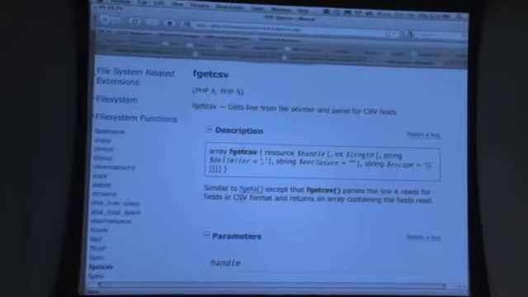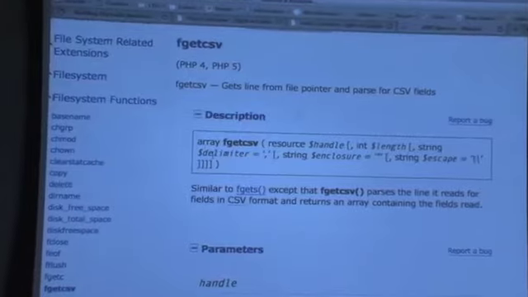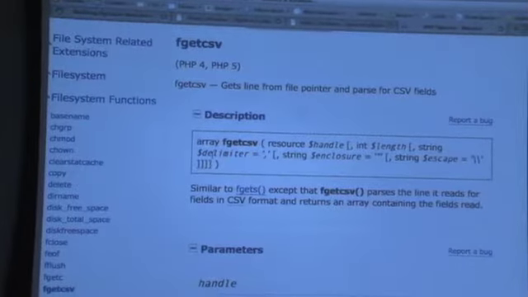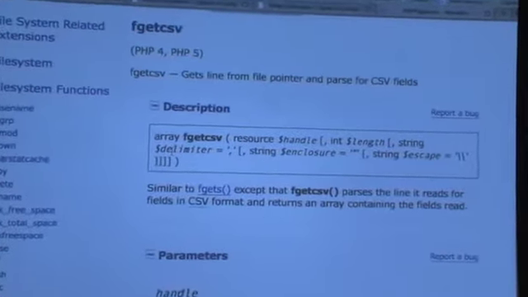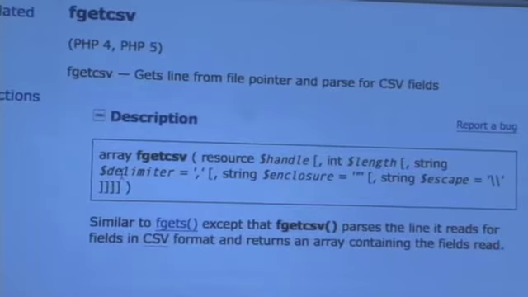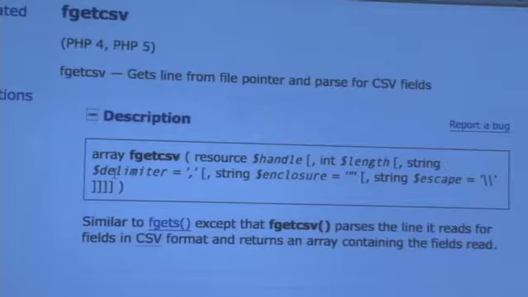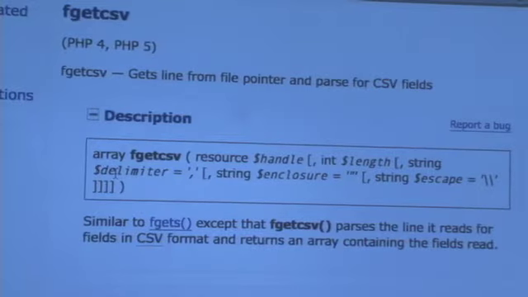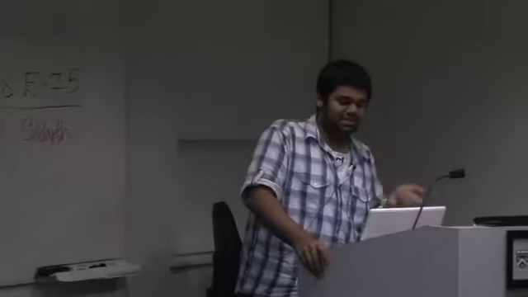So fgetcsv returns an array. That's the first thing to note. Even if you have only one line and there are no commas in it, it will return an array of one element. It takes a handle, so you open a file, you have a handle for that file, and you pass that to fgetcsv. It takes a length, so up to how many characters you are going to accept.